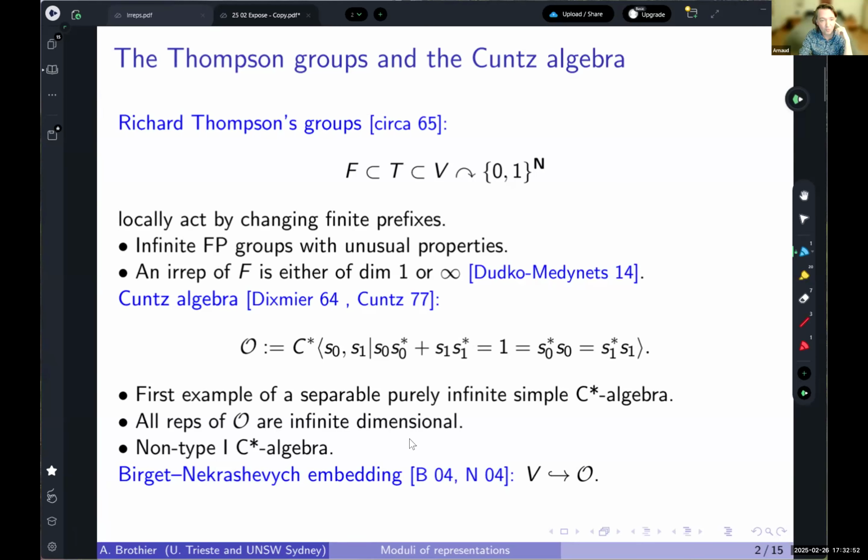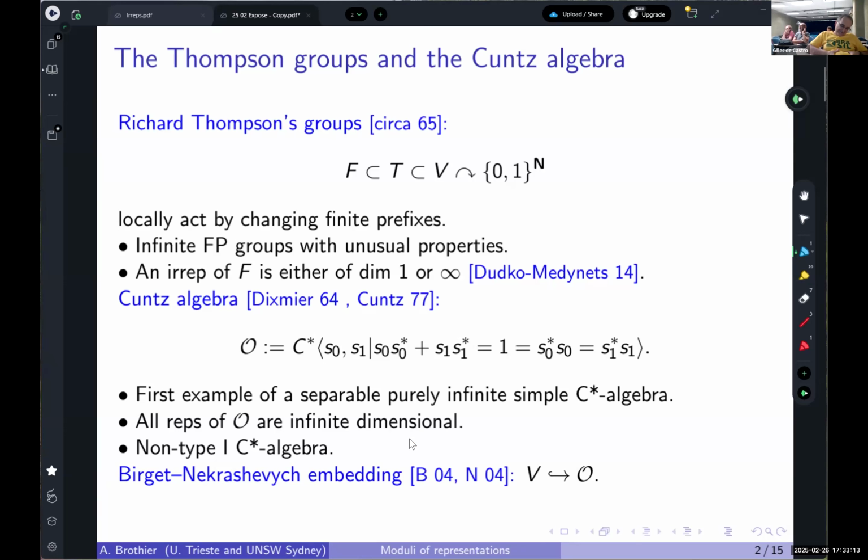And what does Glimm say? Well, I was giving a talk last week in Rome about that, and I paraphrase a bit the theorem of Glimm. I was saying that if your C*-algebra is type 1, you can go home and go to sleep if you try to understand its spectrum.